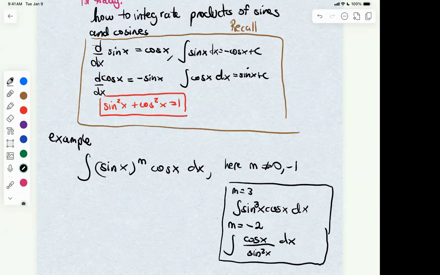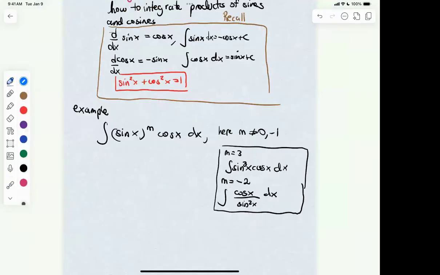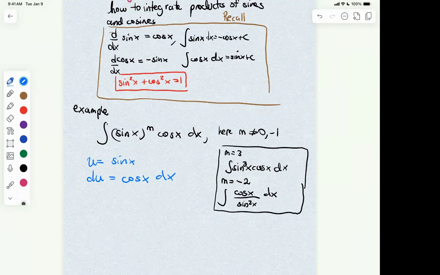And the reason why this is relatively simple is that only a u sub is needed. If you make a u sub, u equals sine of x, that will give you the correct answer. So if u equals sine of x, du equals cosine of x dx, right? And then what does the integral become?